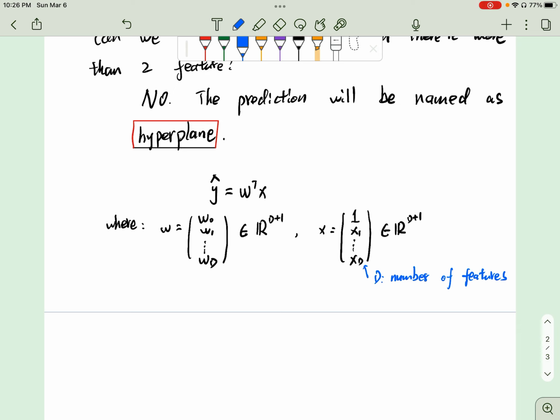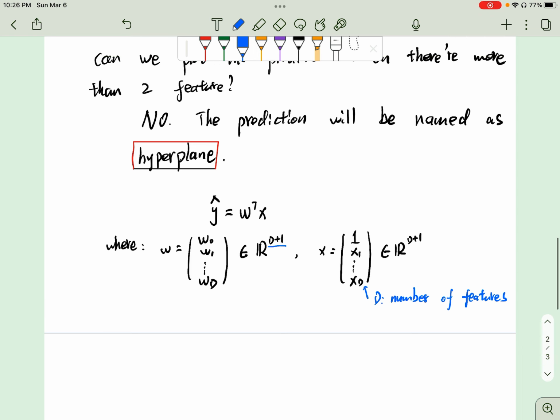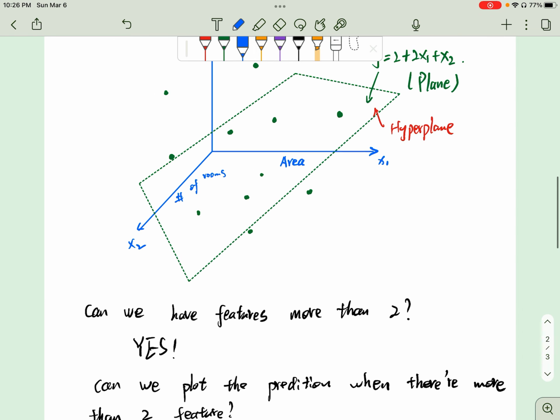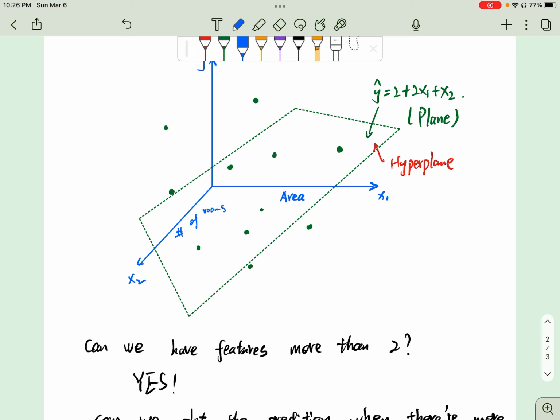So here, if you have d features, you will have d plus 1 weights, because there are d plus 1 weights in this vector omega. In this above example, d equals 2, right?